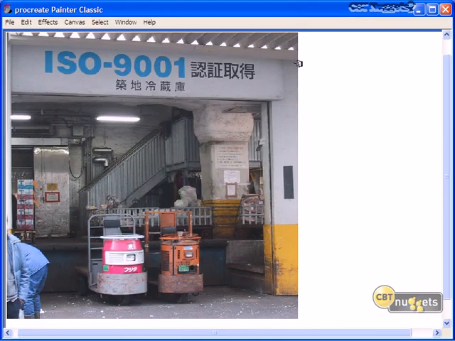For example, here's a blatant example in Japan of a fish supplier that has in large letters on the outside of their building ISO-9001, advertising that, hey, look, we are ISO 9000 certified and we're ready to show you the results of auditing and investigations that have been done to make sure that we're providing quality assurance. And this is an example of a fish market and really a product, but this can apply to IT services as well.